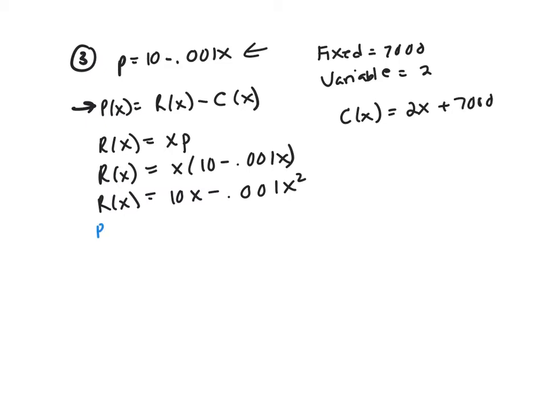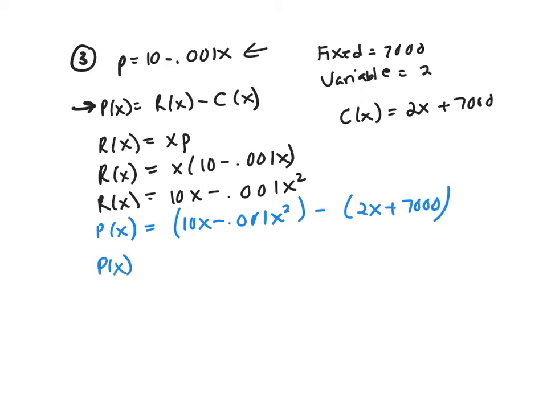So profit will be revenue, which is 10x minus 0.001x squared, minus cost, which is 2x plus 7,000. And that's going to be P of x equals 10x minus 0.001x squared minus 2x minus 7,000.